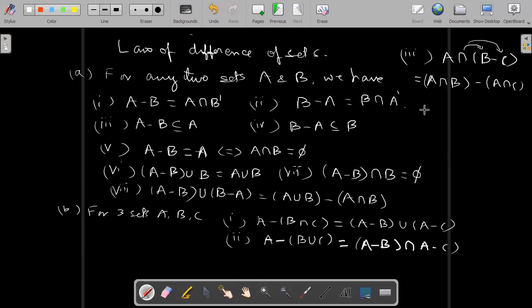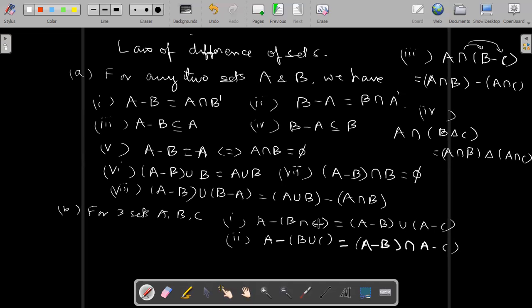And the last property: A intersection B symmetric difference C will be equal to A intersection B symmetric difference A intersection C. Simple, this intersection is distributed.